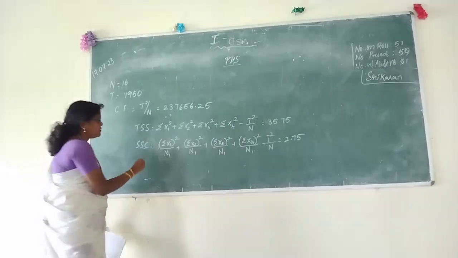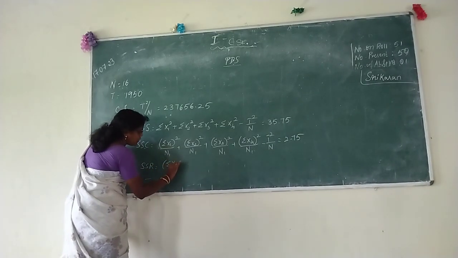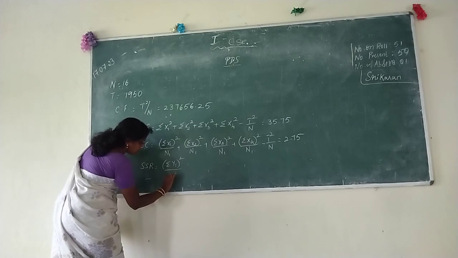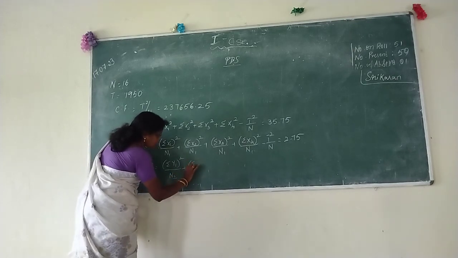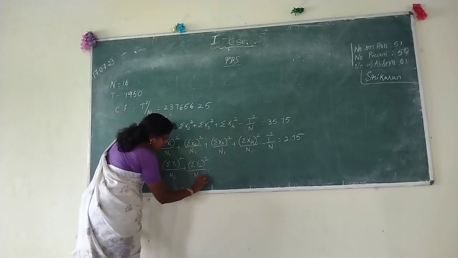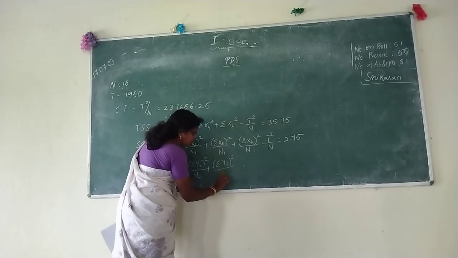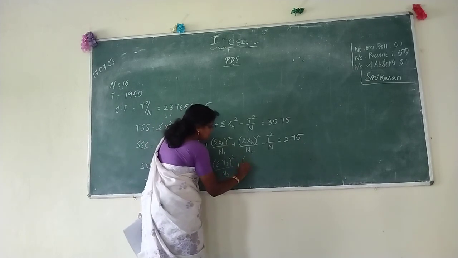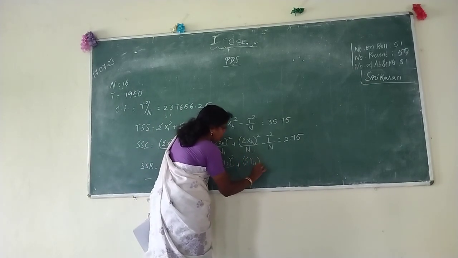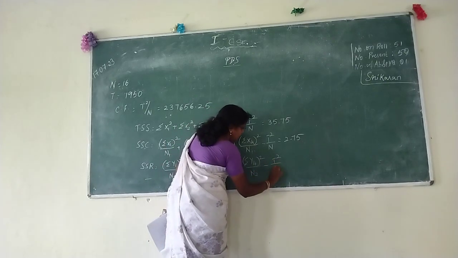Then SSR: summation of y1 the whole square by n2 plus summation of y2 the whole square by n2 plus summation of y3 the whole square by n2 plus summation of y4 the whole square by n2 minus t square by n.